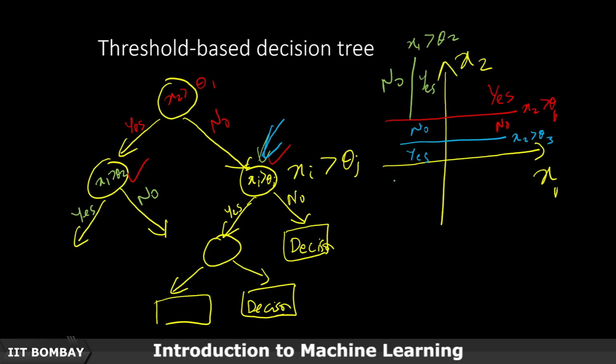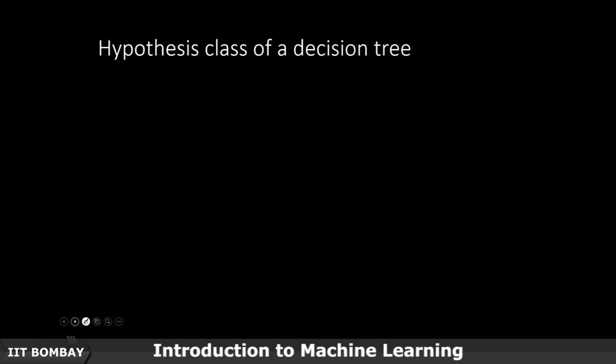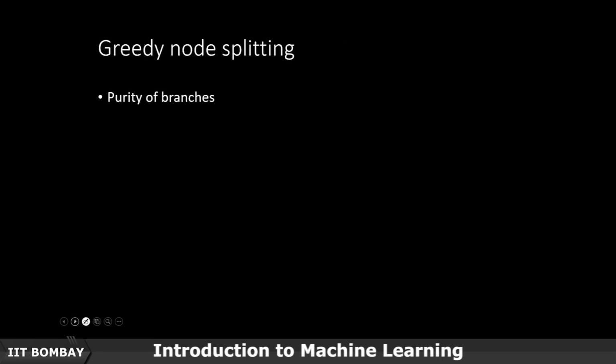You will get all these boundaries which are axis aligned, not slanting, and they will split the space into two half spaces, top, bottom, or left, right, or in 3 dimensions it will be more complicated. Those will be yes and no, and within the yes and no there will be multiple yes and no's when you go down into the tree. So that's the hypothesis class of a decision tree.